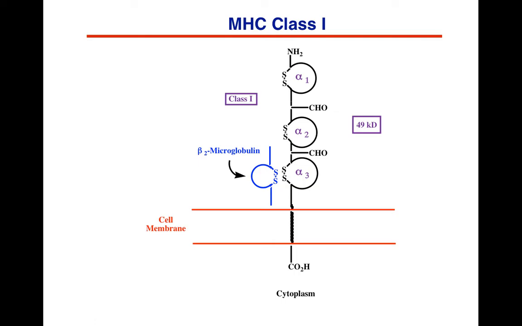Now let's remember what MHC class 1 is. It's composed of one polypeptide chain, which has alpha 1, alpha 2, and alpha 3 domains. It also has this beta 2 microglobulin, and this all sticks through the membrane and has a cytoplasmic tail.